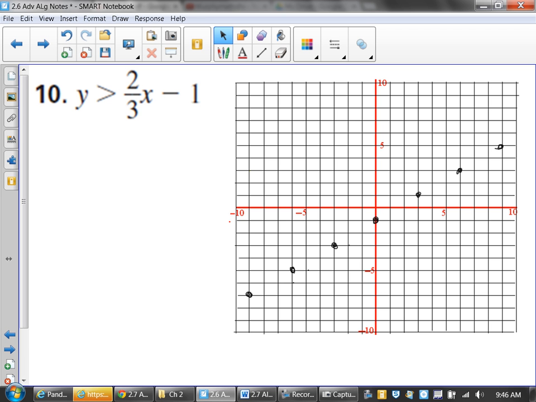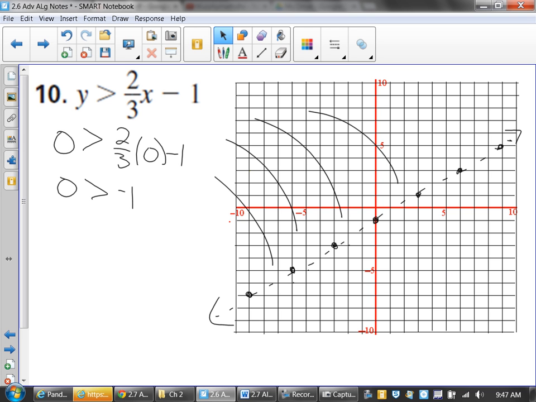Dotted. Does it go through the origin? Nope. So my test point is going to be: is 0 greater than 2/3 times 0 minus 1? Is 0 bigger than -1? True statement? And I just shade it.